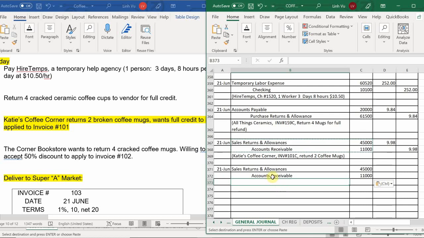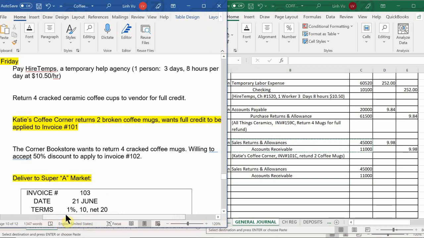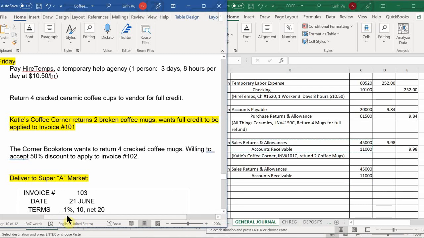Well, in this case, what's the condition here? How many cups are we returning, and what's the condition accepted here? 50% discount applied. It's one of the discounts of 50% that they give him on these 4 cups. So they keep the cups.